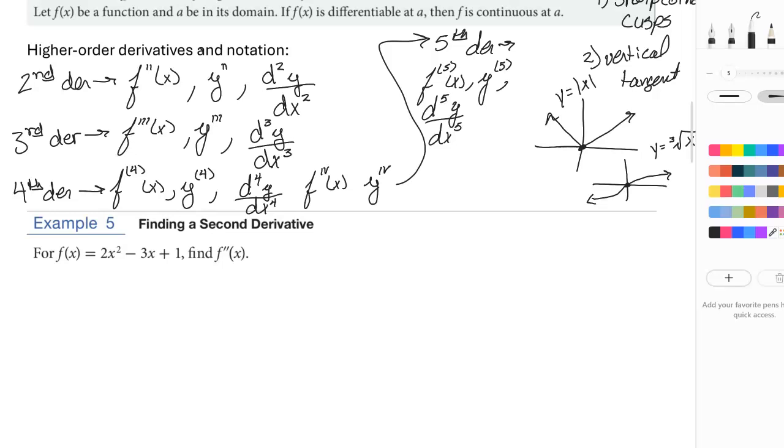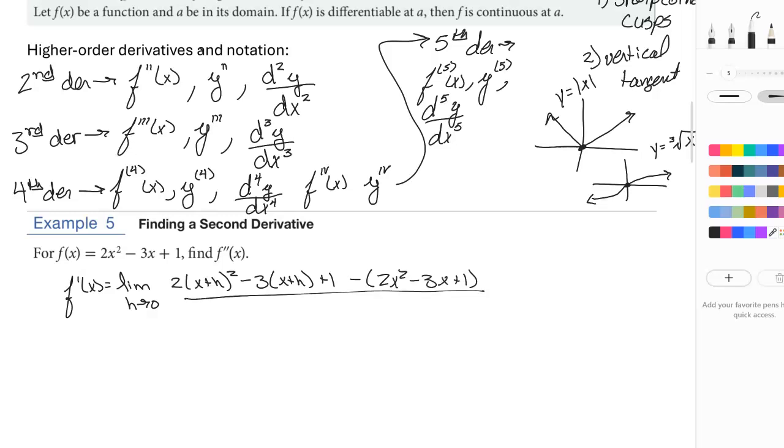So how would we find the second derivative? We just take the derivative of the first derivative. So let's find the first derivative. To find the first derivative, we're going to take the limit as h goes to 0 of f of x plus h minus f of x divided by h.